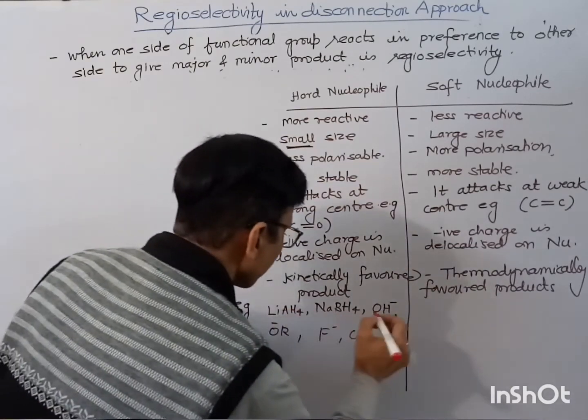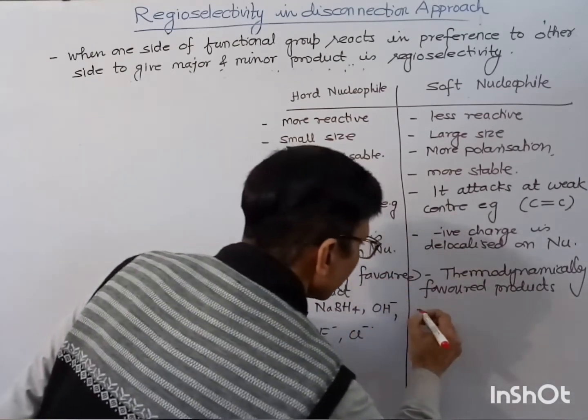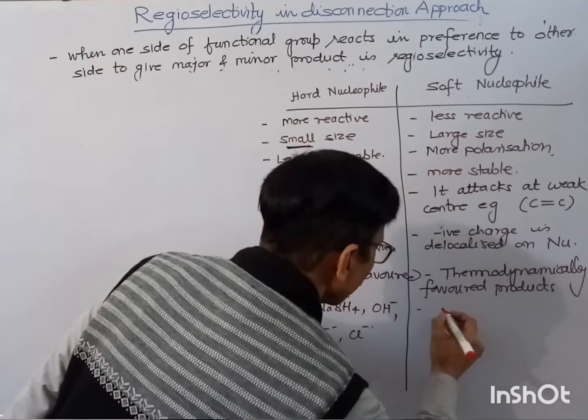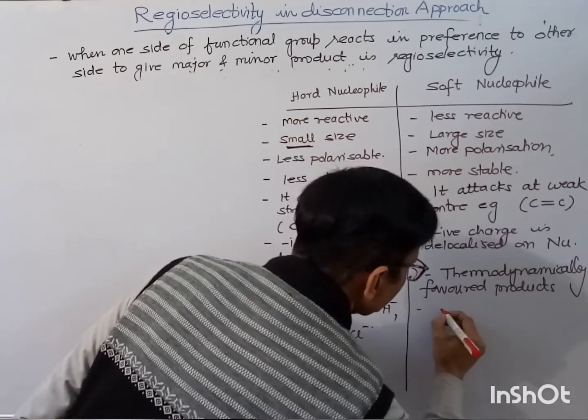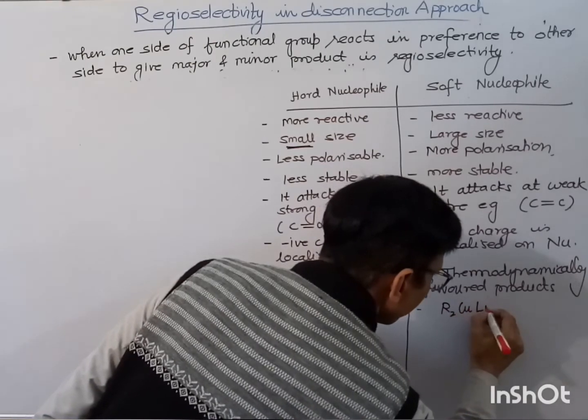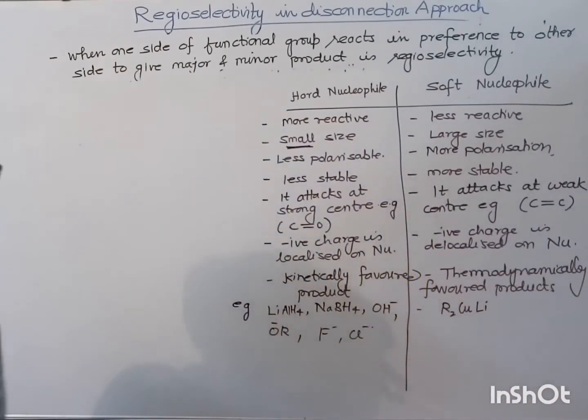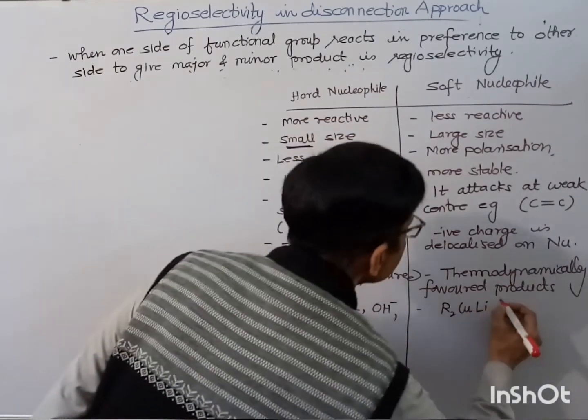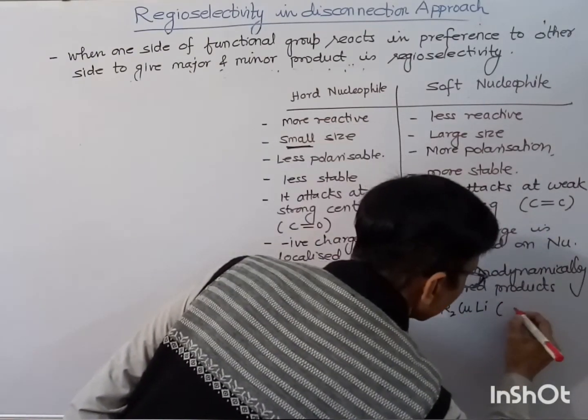Whereas here, for example, we have the organocopper compound, that is Gilman's reagent, the organocuprate. This organocuprate acts as a soft nucleophile.